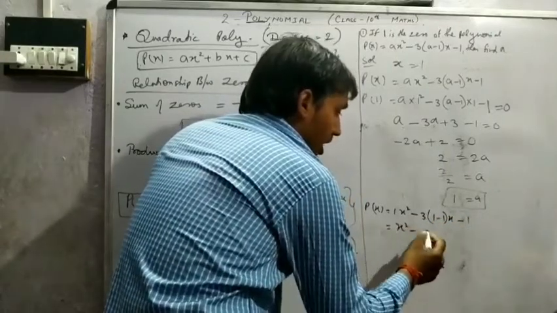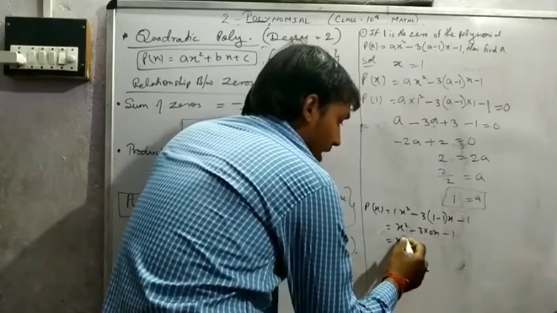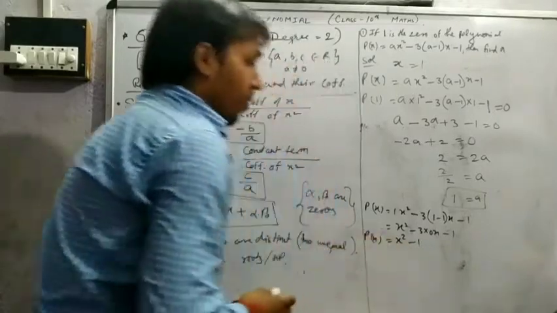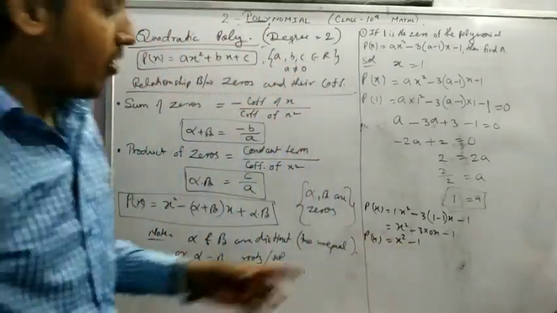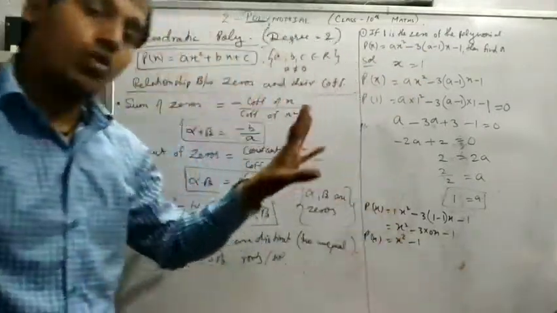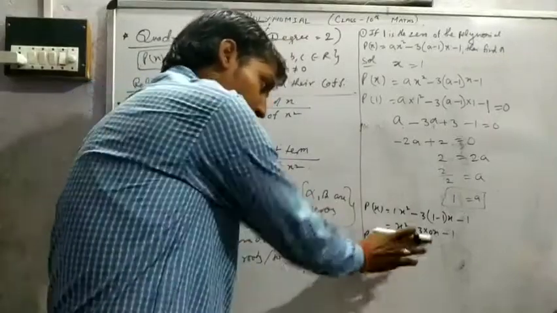So x square minus 3 into 0 x minus 1, x square minus 1. You put the value of a in the given polynomial and get the polynomial x square minus 1, that is the main polynomial.